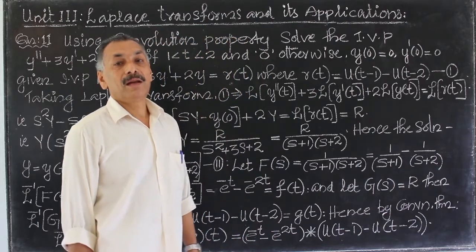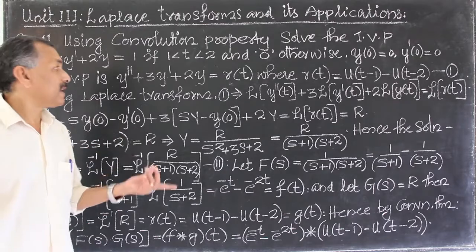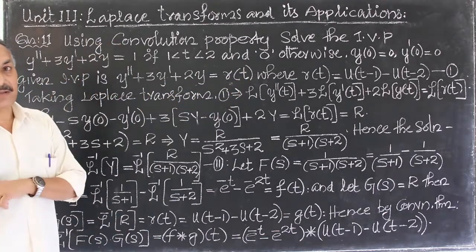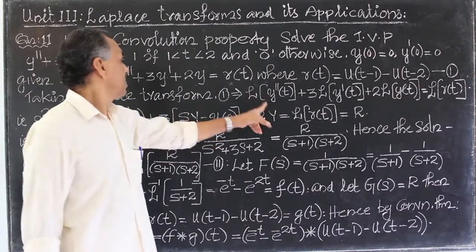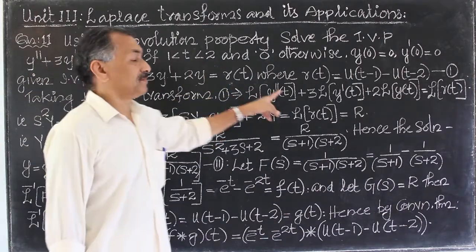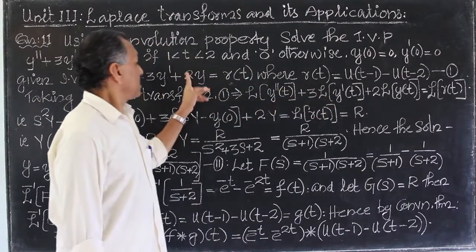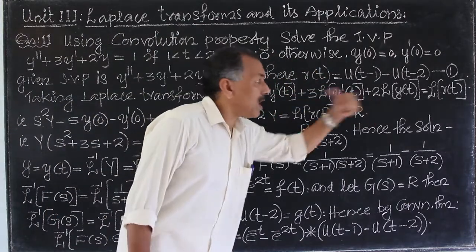That means the given initial value problem is y double dash plus 3y dash plus 2y is equal to r of t. Then taking Laplace transform on both sides: L of y double dash t plus 3 into L of y dash t plus 2 into L of y of t is equal to L of r of t.